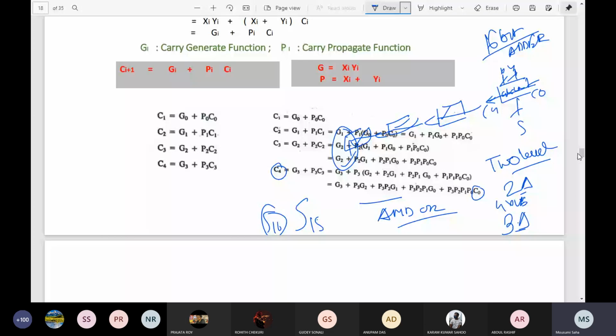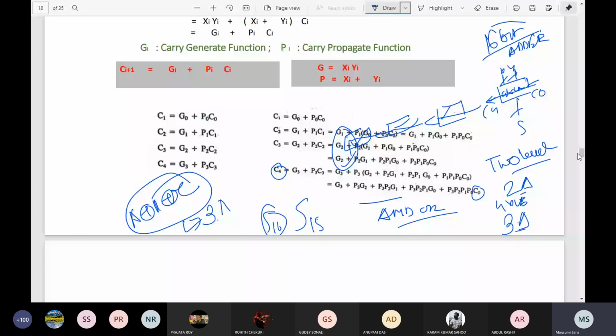You can design the circuit with the help of Gi, Pi, Ci, or you can design with Xi, Yi and Ci, because for both cases you get the same result. Whatever logic you consider, if you want to design this type of expression, at that moment you need 3 delta time. So here you need 4 into 2 delta plus 3 delta. This is required to design the 16-bit adder circuit.